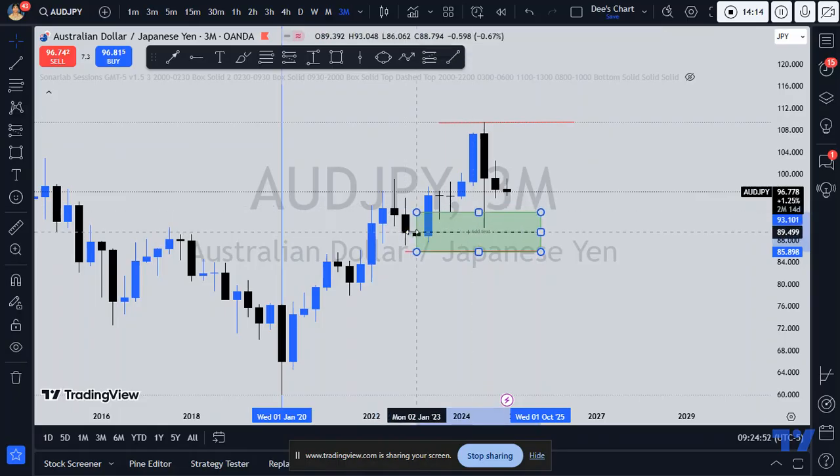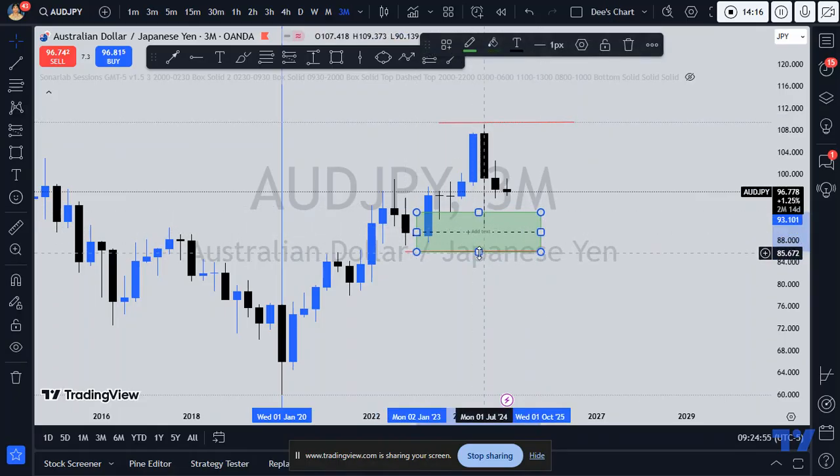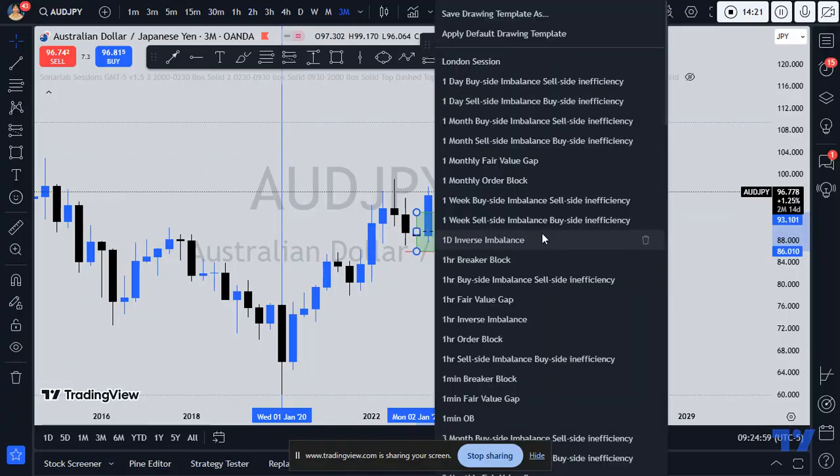You can find a trend or a range, whether it's on this time frame or on a lower time frame. It doesn't matter as long as you understand the higher time frame bias as well.